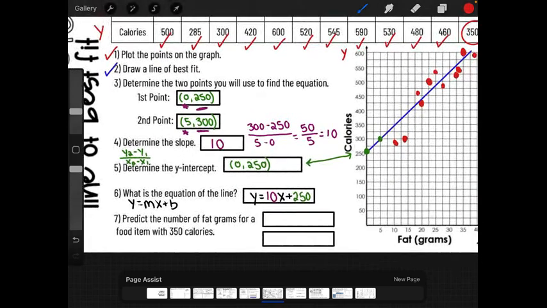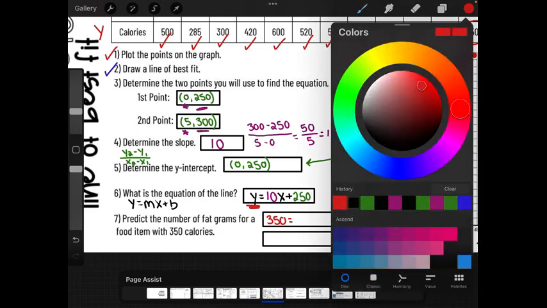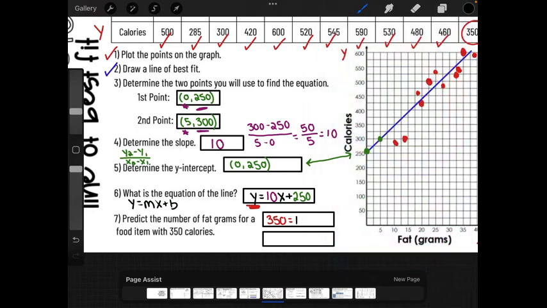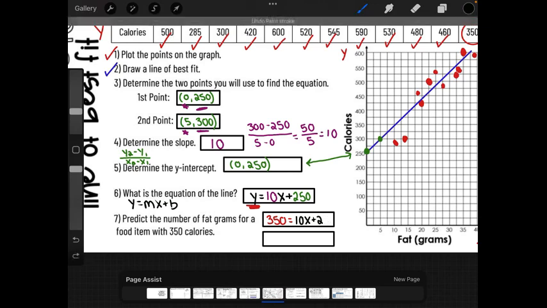So we're going to plug in 350 for y and copy down the rest of our equation. There. Now we can solve.